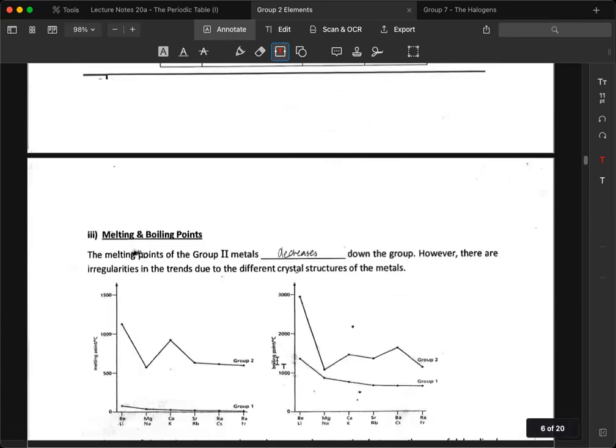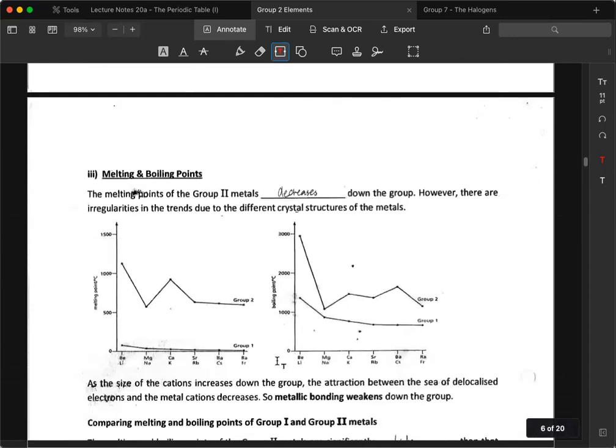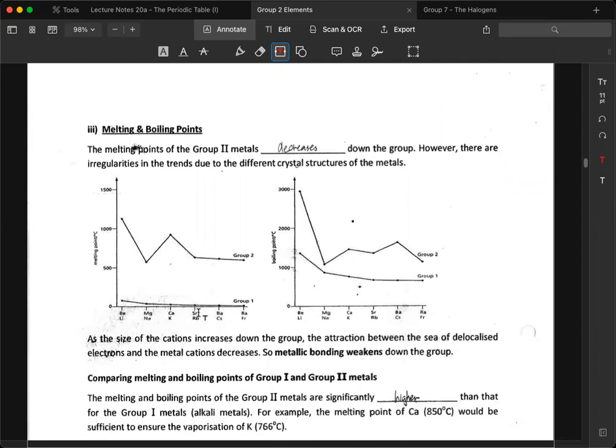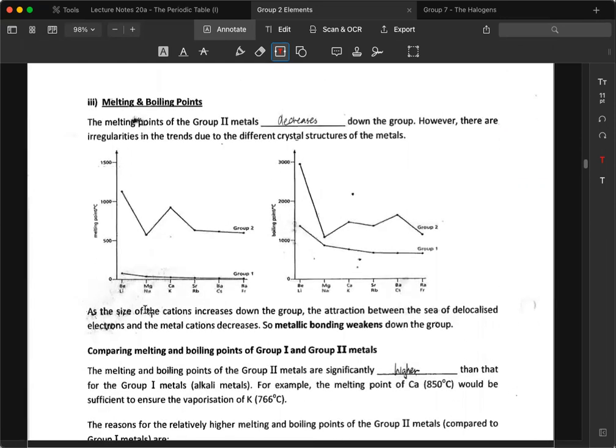That makes sense. Melting and boiling point wise, the melting point of group 2 metals decreases down the group in general. However, there are some irregularities due to the different crystal structures of the metals. So as the size of the cations increases down the group, the attraction between the sea of delocalized electrons and metal cations decreases.